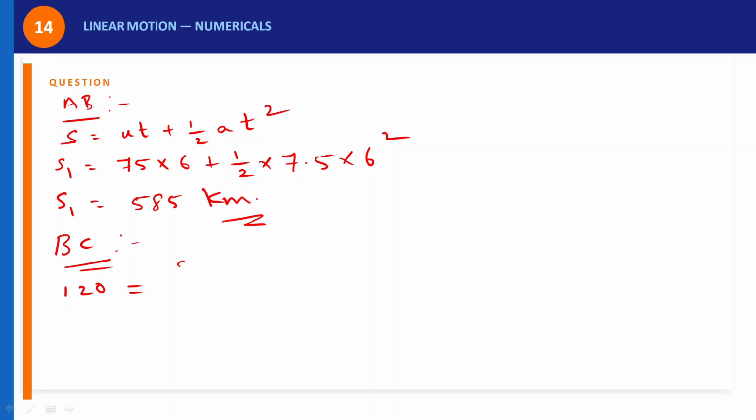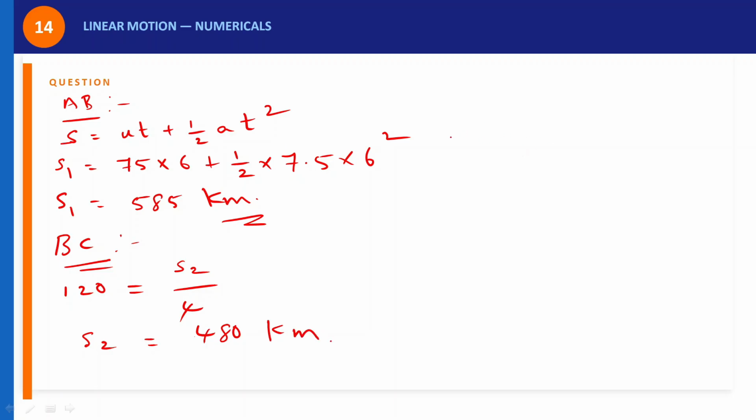B to C, s2 is our distance, and it has taken the time 4 seconds. Then s2 equal to 120 into 4, that is 480 kilometers.